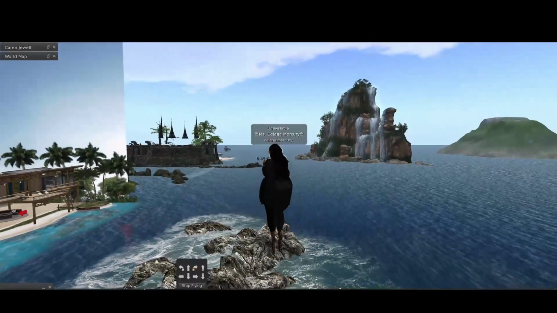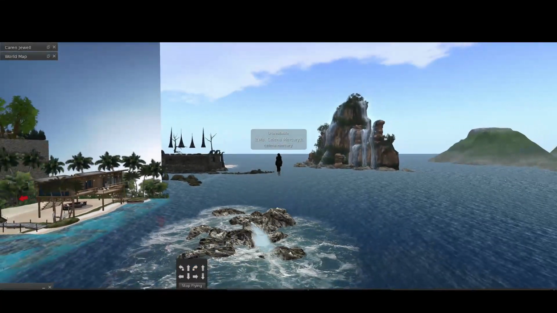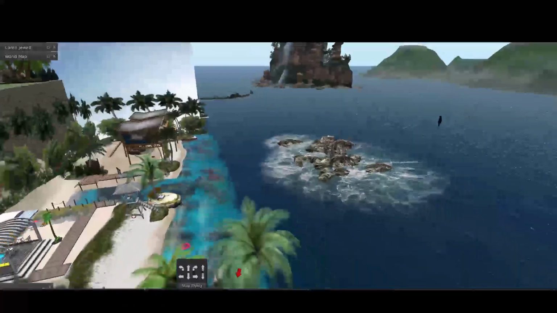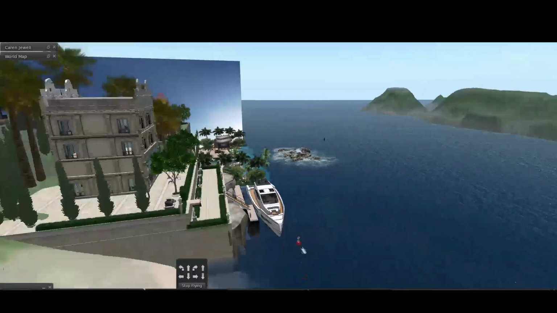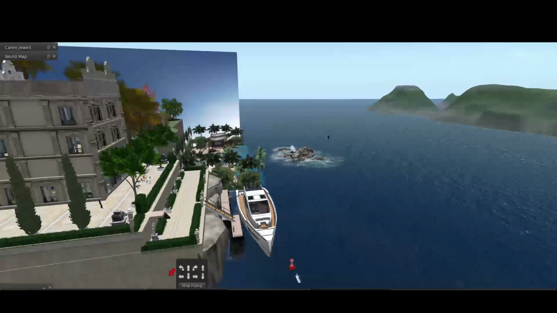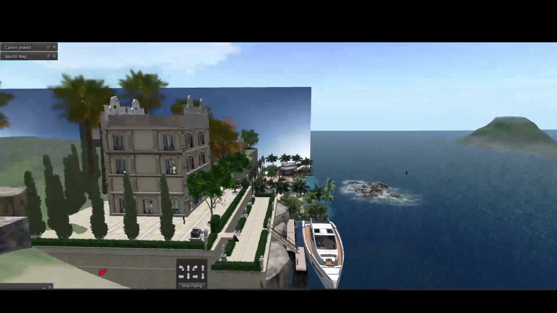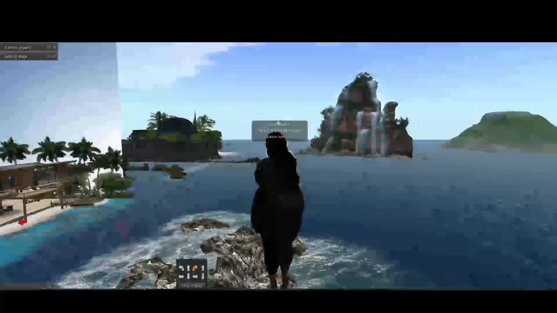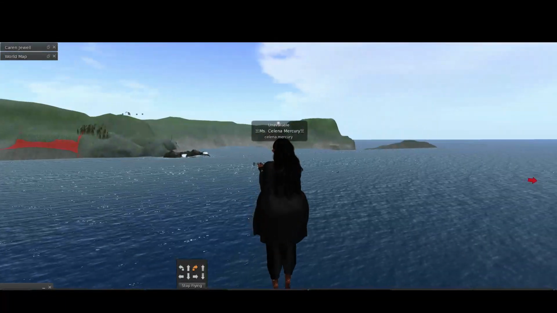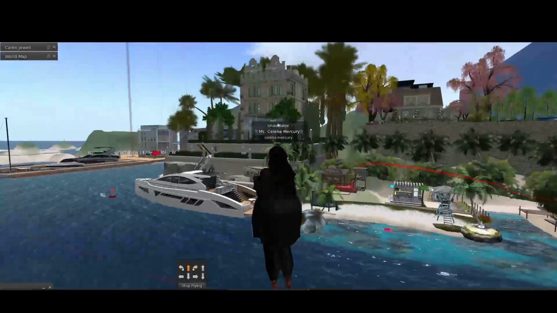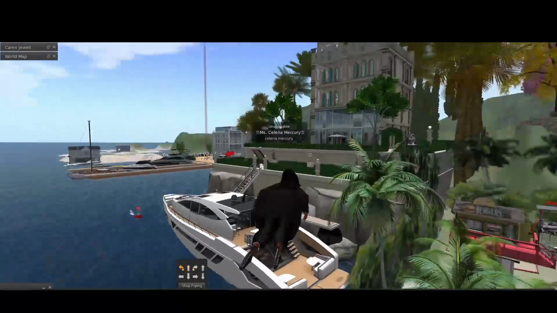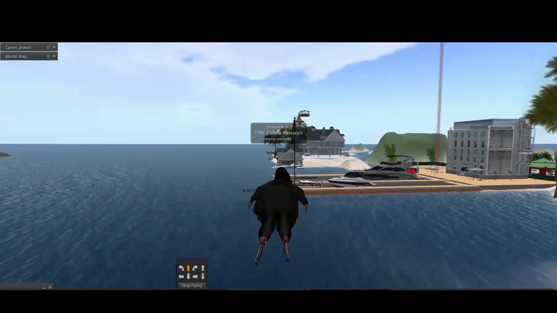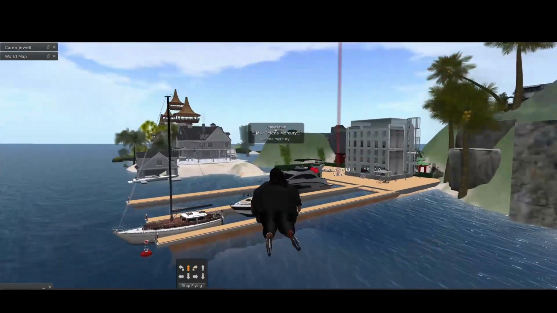That may not be something you wish to do. So everyone on this side of this wall is subjected to that wall, unless they de-render it. So that's one of the things that is a consideration to mainland. But this is an incredible view right here. You definitely can't see that wall from over here.